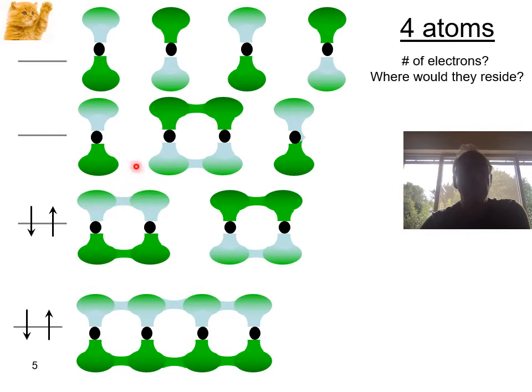And of course, once we have 4, we can say that this one is the highest occupied molecular level, and this one would be the lowest unoccupied molecular level. So in short, this one is the HOMO, which would be the equivalent to the valence band in standard semiconductors, and this one would be the LUMO.